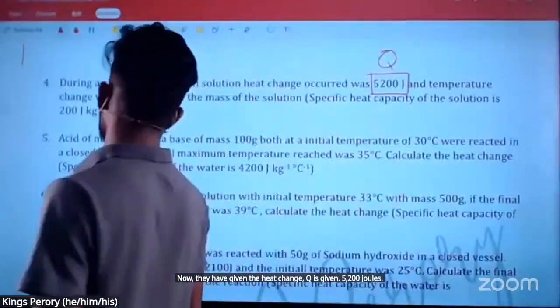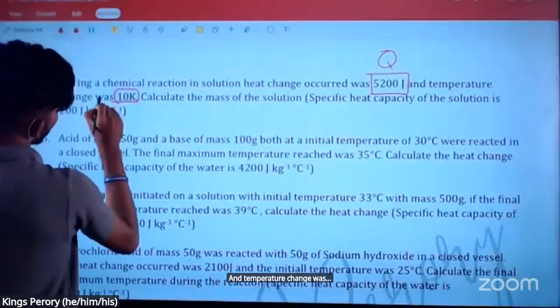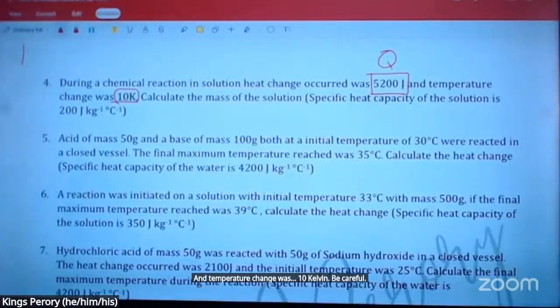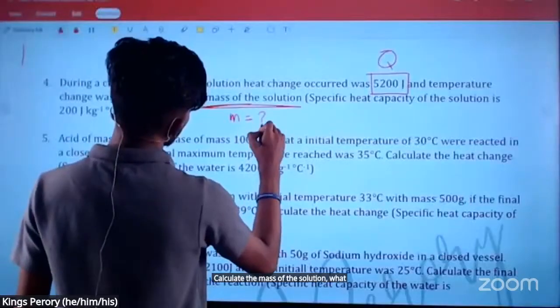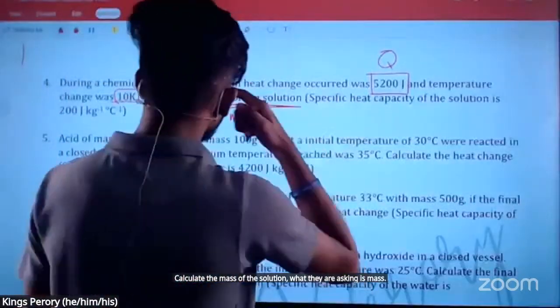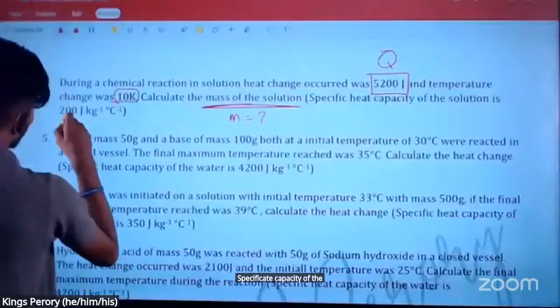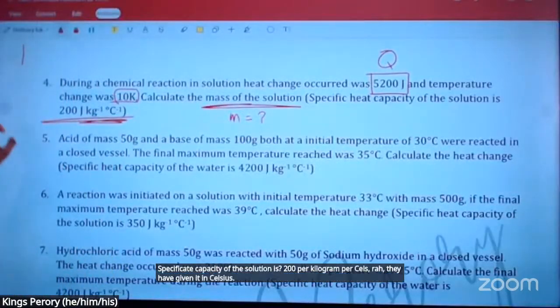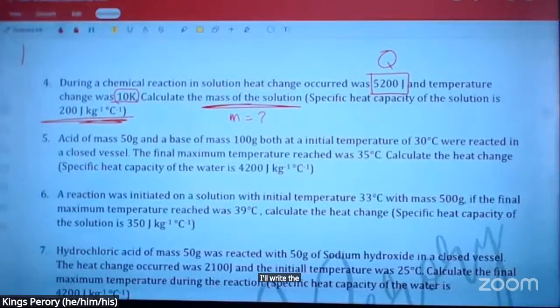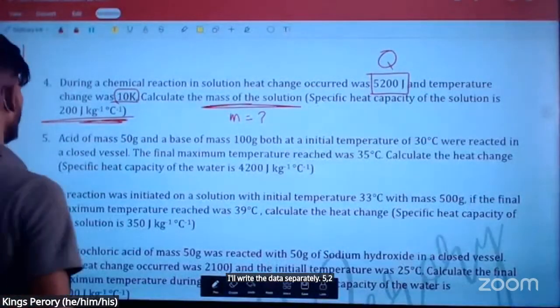And temperature change was 10 Kelvin. Be careful, they have given it in Kelvin. Calculate the mass of the solution. What they are asking is mass. Specific heat capacity of the solution is 200 per kilogram per Celsius. They have given it in Celsius. I'll write the data separately: 5200, 10, 200.